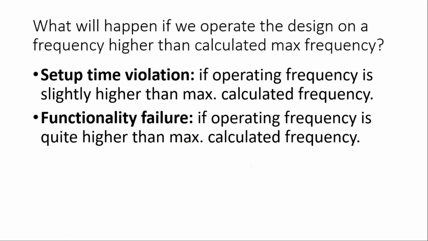Now let us consider the second case, when the operating frequency is quite higher than the maximum calculated frequency. In this case, there will not be any setup time violation, but it will be complete functionality failure. The circuit will not operate as per the intended functionality. Now let me explain you how.